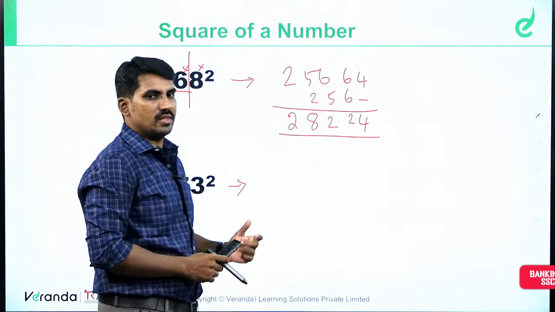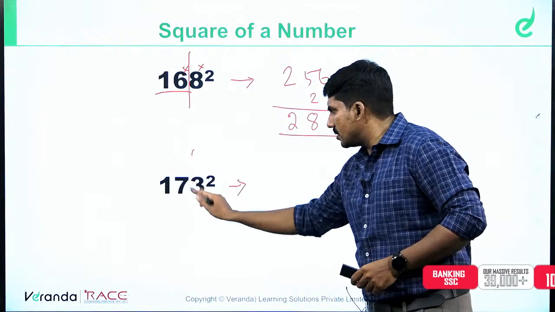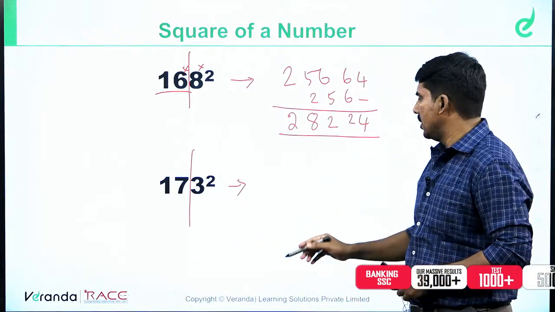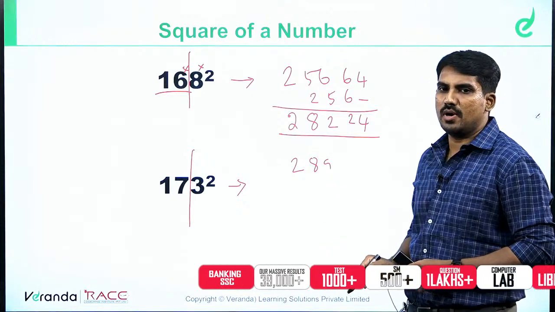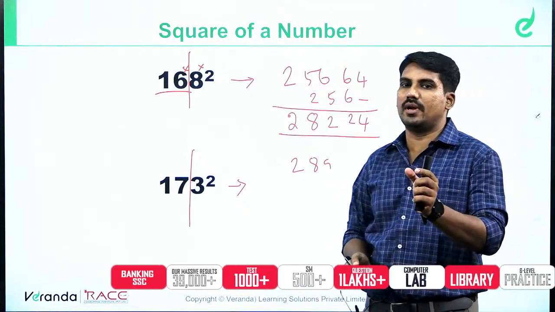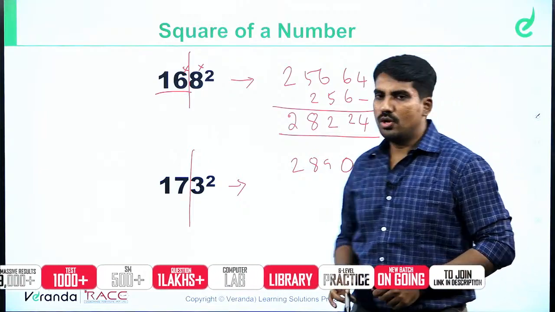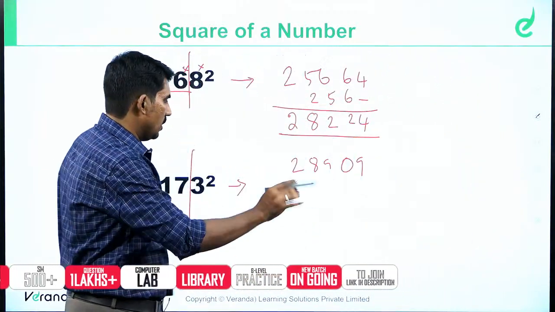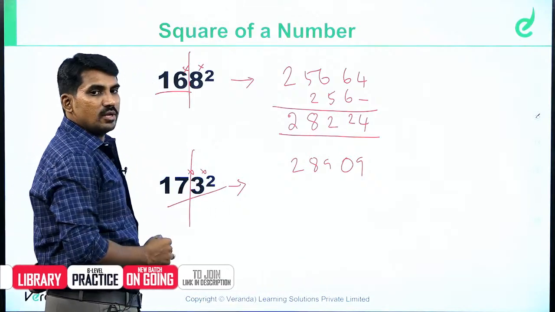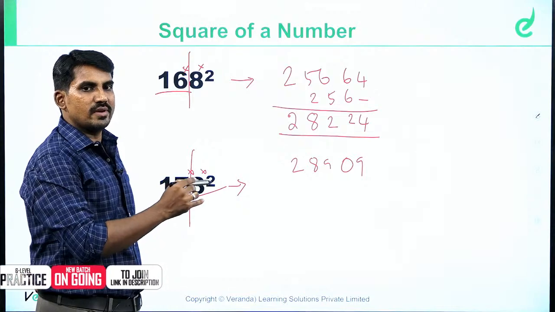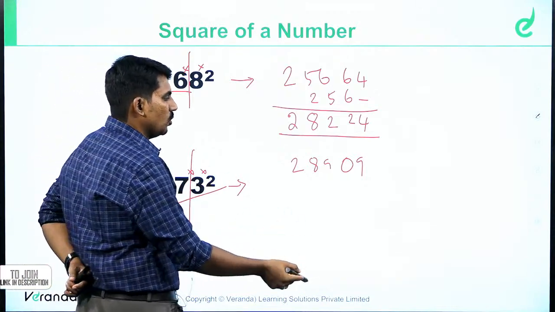Now 173 square, how can we find it out? 3 square and 17 square. 17 square is 289. 3 square is 9, a single digit, but we have to write it as a double digit, so write 09. 289 and 09. Now 17 into 3 into 2. 17 threes are 51. 51 into 2 is 102.